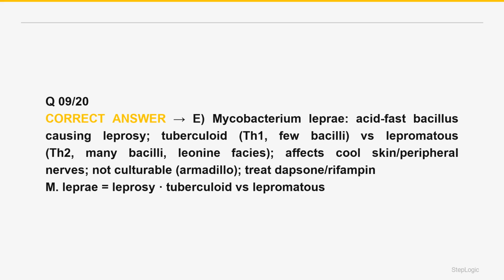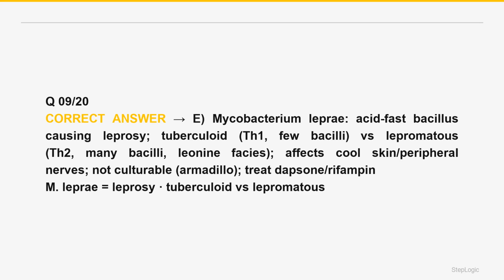The two ends of the spectrum are determined by the host's immune response, a classic Th1 versus Th2 example. Tuberculoid leprosy: a strong cell-mediated response contains the infection, leading to few bacilli, limited, well-demarcated, hypopigmented anesthetic patches, granulomas, and a positive lepromin test.